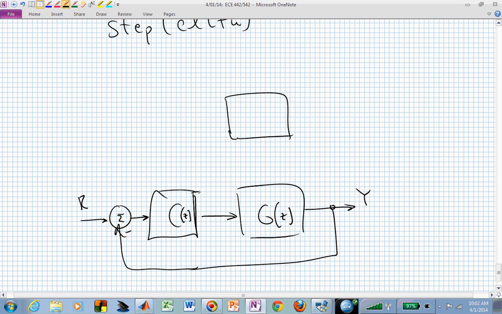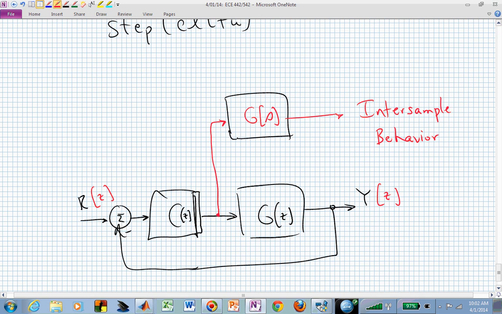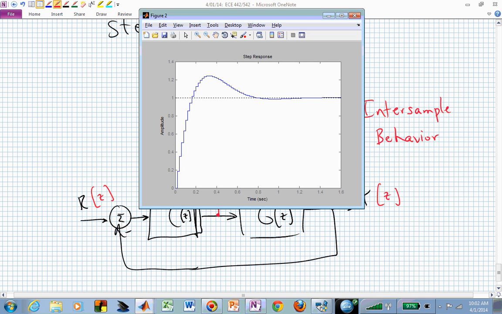What I'm going to effectively do now is take this signal U and use that to drive our analog plant so that we can now see what's happening between samples, because we're not seeing that here in Y of Z. If we go back to our output, that's not looking too bad, but we're actually just seeing the discrete time simulation.